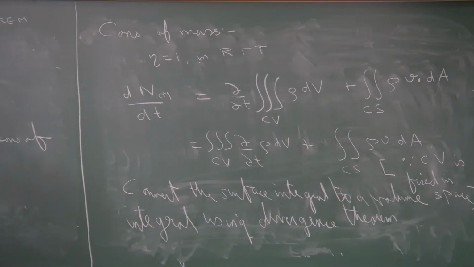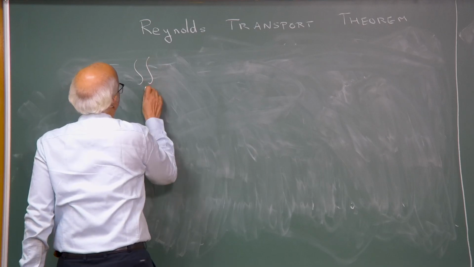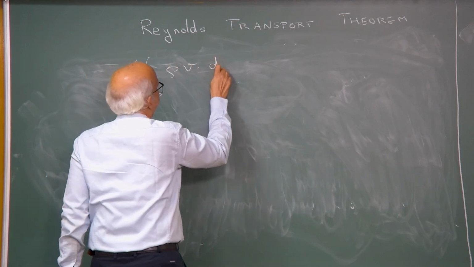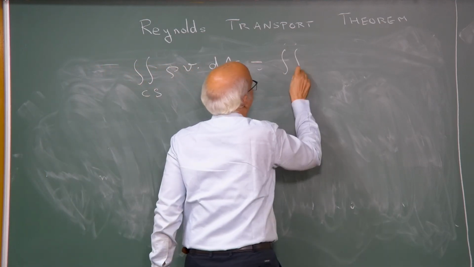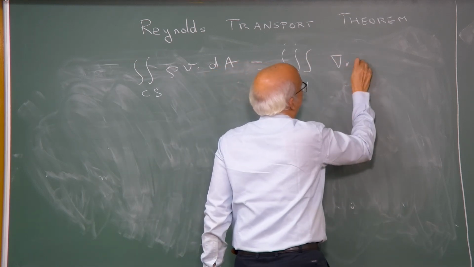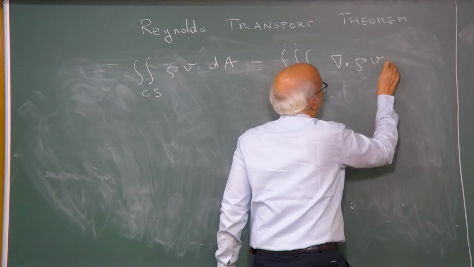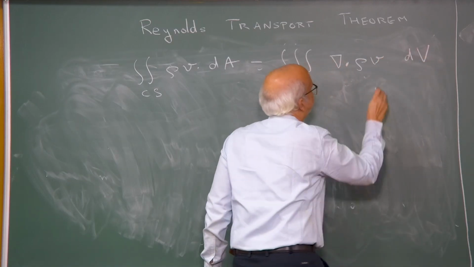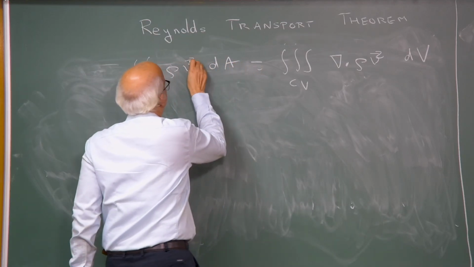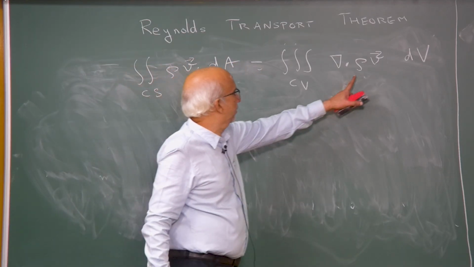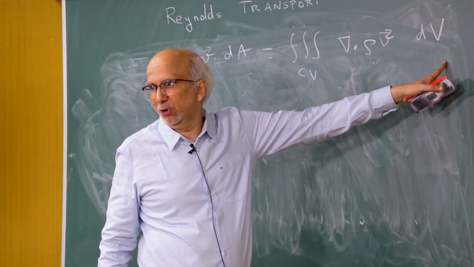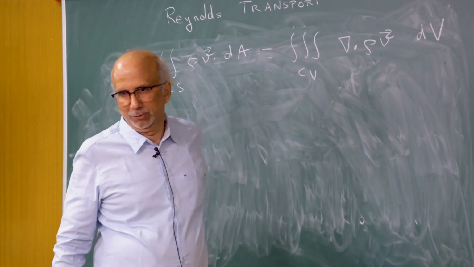And what do we have? The integral over the control surface of rho v dot dA will be the integral over the control volume of the divergence of rho v dV. This is the velocity vector. This is again the velocity vector. I just want to differentiate between the v which is velocity and the V which is the volume element.